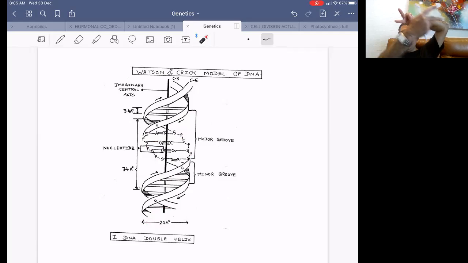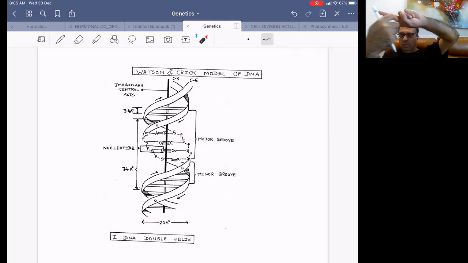And this space of a double coil is called a major groove. Once again, check the finger.